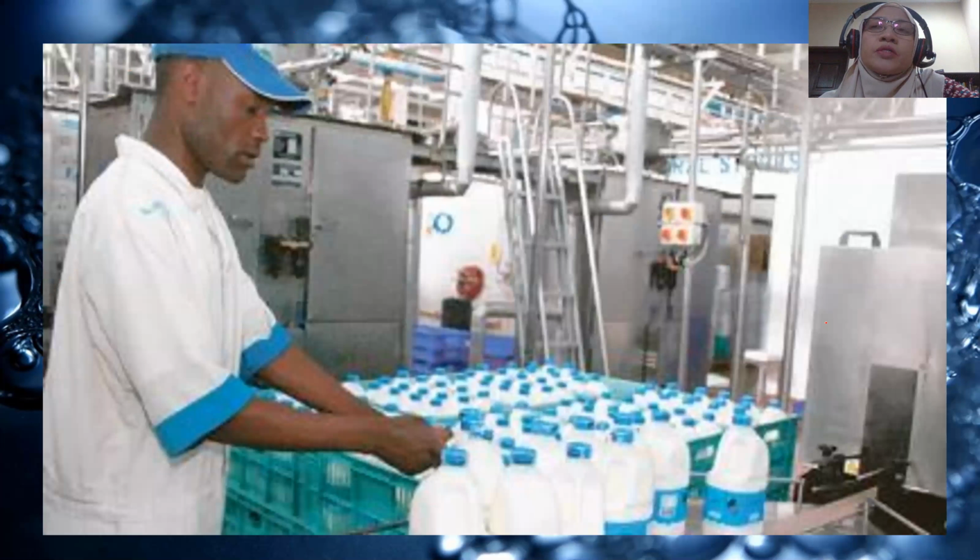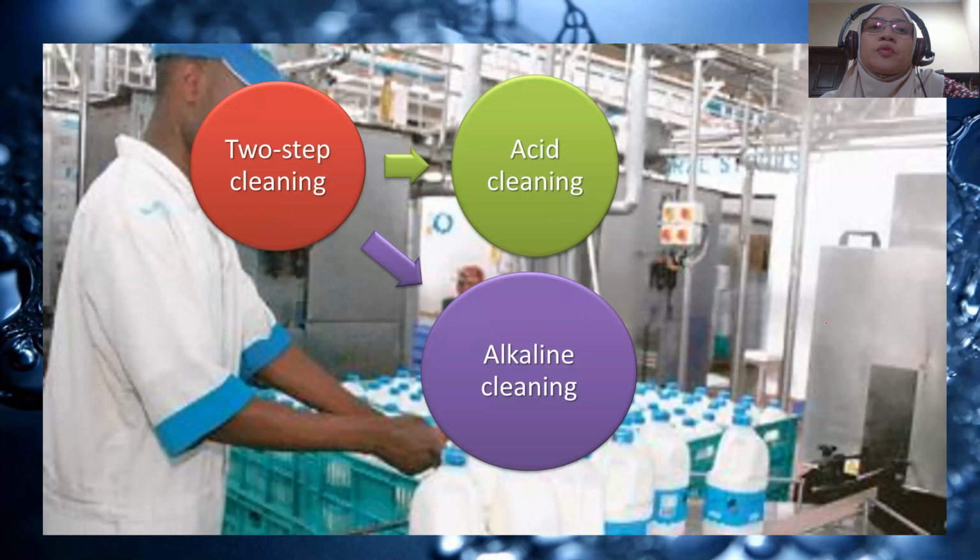In the milk processing industry, they generally apply a two-step cleaning procedure to clean the processing plant. The two-step cleaning procedure consists of two chemical cleanings, which involve acid cleaning and alkaline cleaning to remove mineral deposit and organic soils such as protein, carbohydrate, and fat.